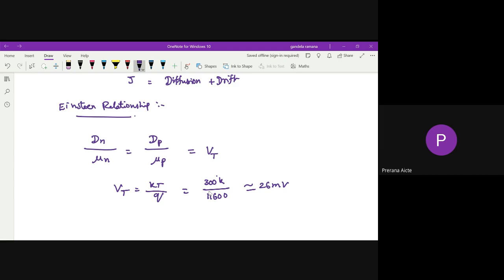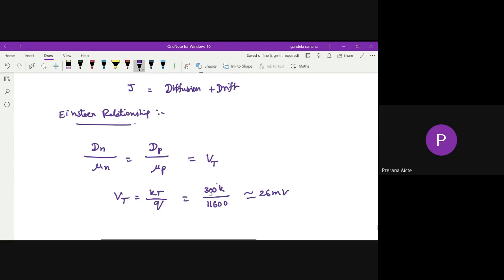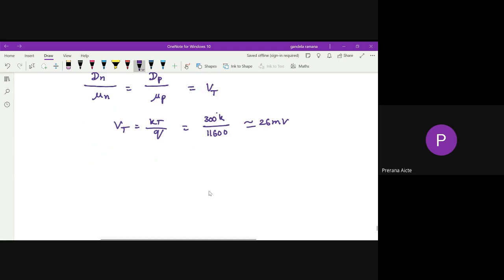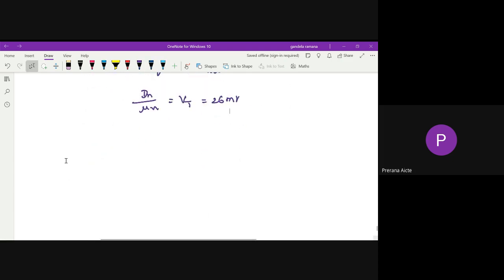So in the Einstein relationship, Dn by mu n is equal to Dp by mu p is equal to Vt, which is nothing but 26 millivolts. So see the mass action problems.